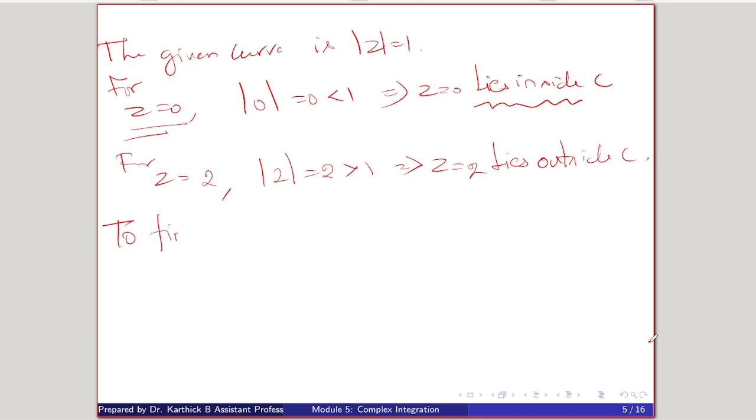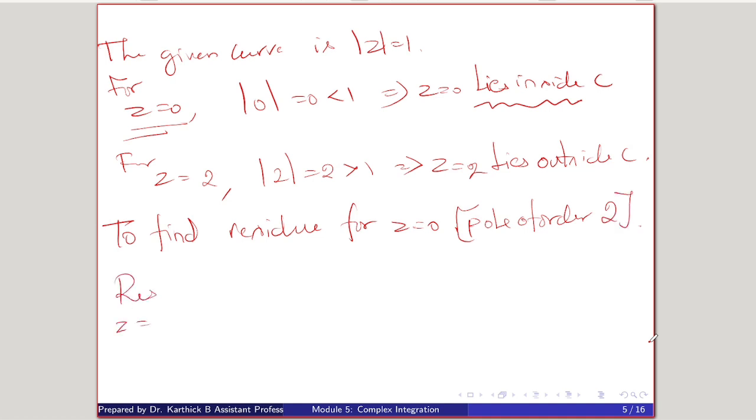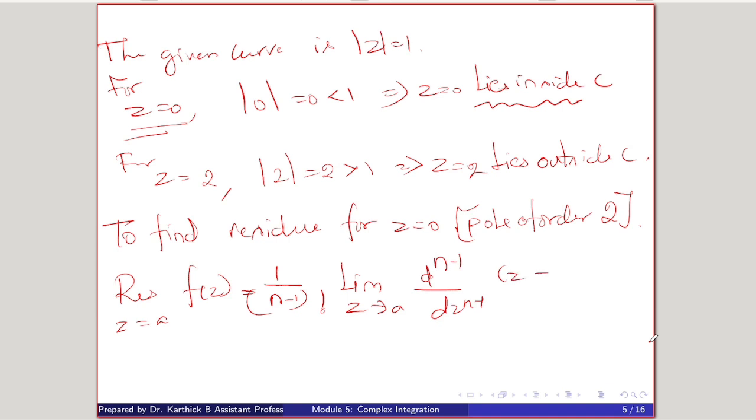To find the residue for z equal to 0, of course it is a pole of order 2. That means the residue formula will be 1 by (n minus 1) factorial, limit z tends to a, derivative of order n minus 1 with respect to z of (z minus a) whole power n into f of z.